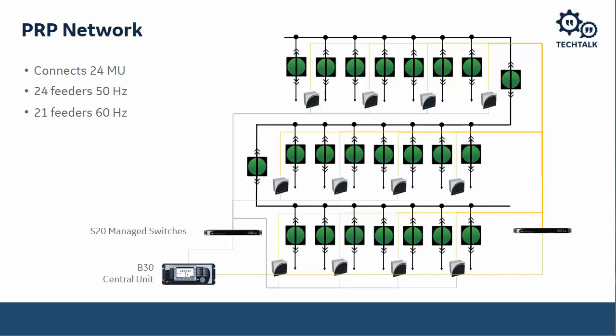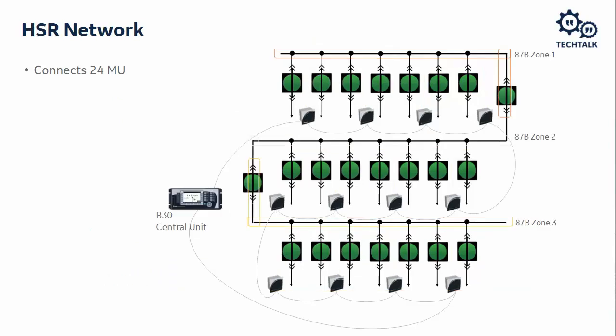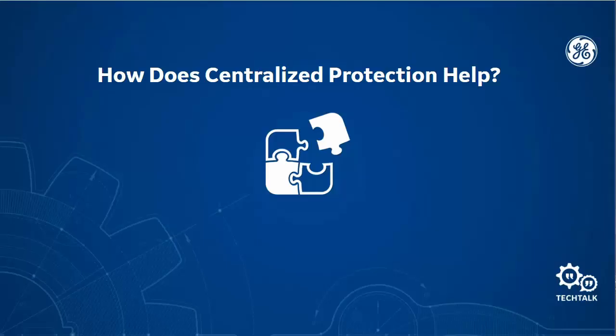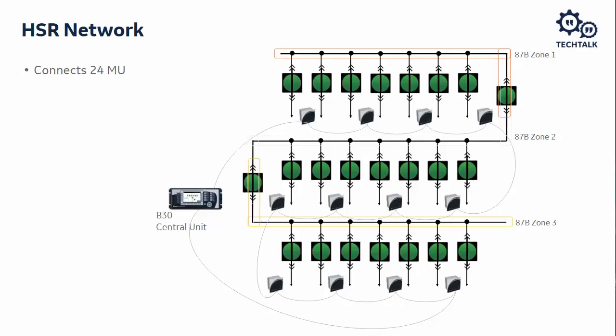The last type of network that I should mention is an HSR network. Now, HSR, the H and the S do not stand for high speed. HSR stands for high availability, seamless redundancy.